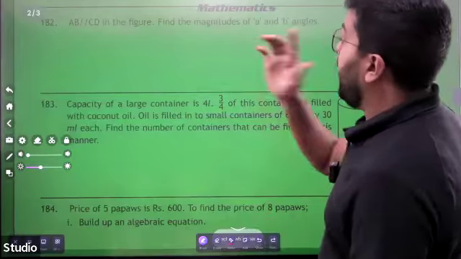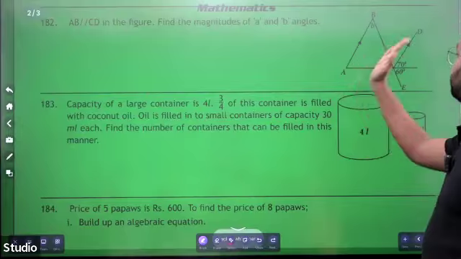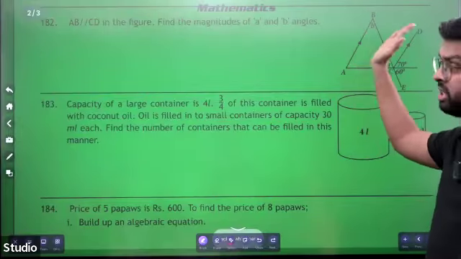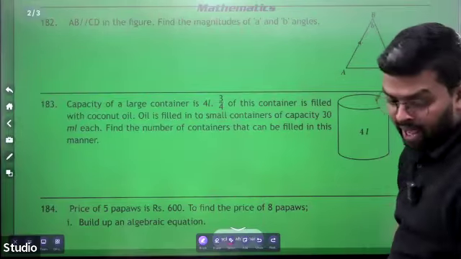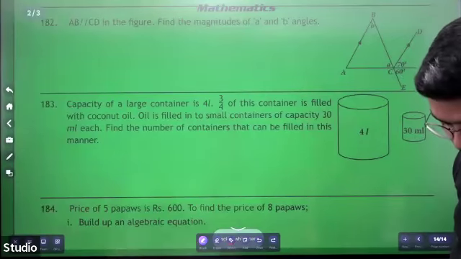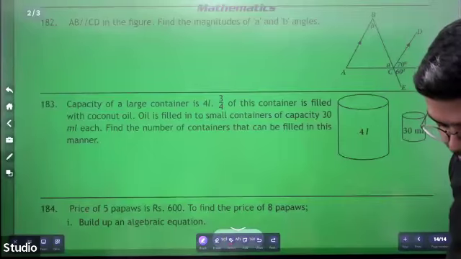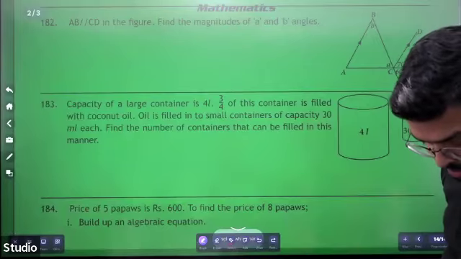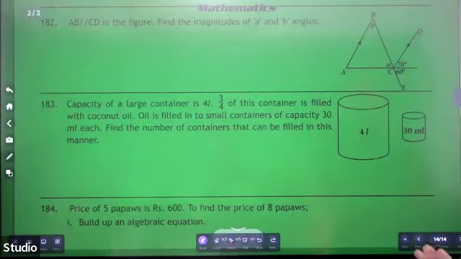AB is parallel to CD in this figure. Find the magnitudes of angles A and B. Right? Okay.